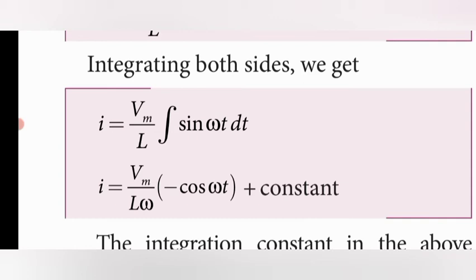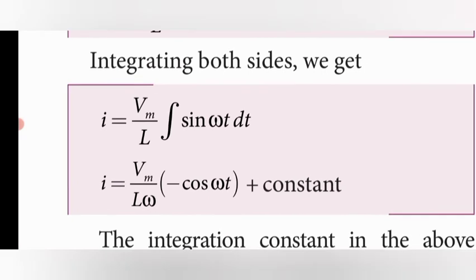Here we take the integration like the integration of sin 2 theta d theta, which is 1 by 2 minus 1 by 2 cos 2 theta. Like that, instead of 2 theta we use omega t here. Omega is the constant.